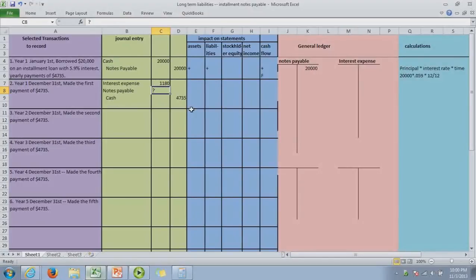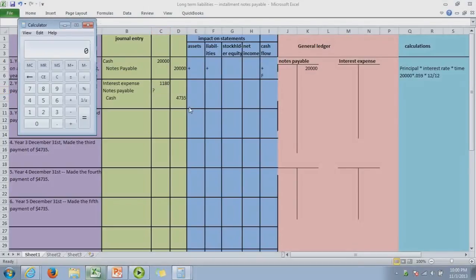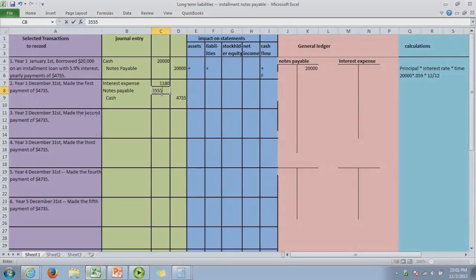So the notes payable, if you know 2 of the 3 numbers, then we should be able to figure out the other. The total amount you pay less the cost of borrowing for this period leaves you with an amount that can go against the principal. So 3,555 will be the reduction to principal.